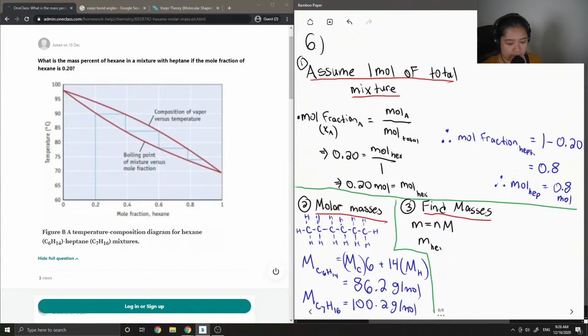The mass of hexane would be 0.2 moles times 86.2 grams per mole, which gives us around 17.2 grams.